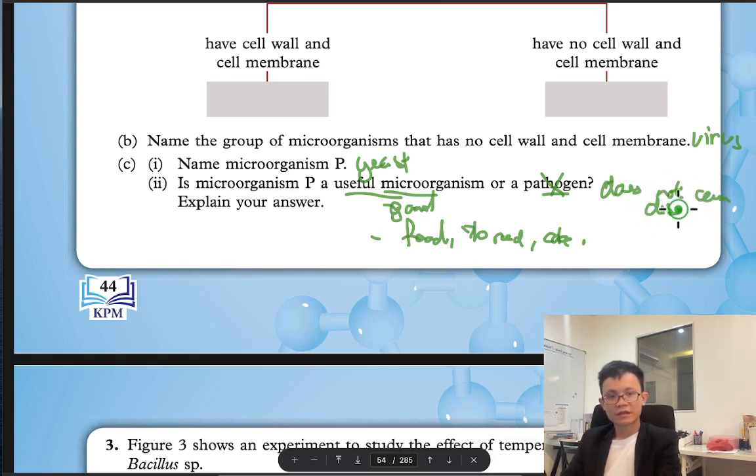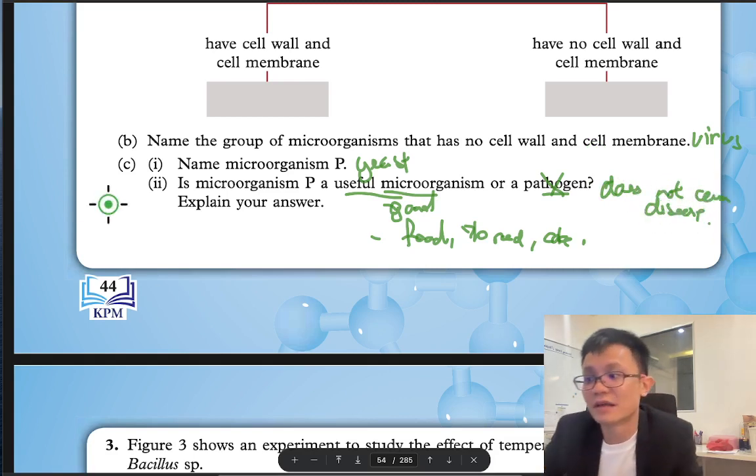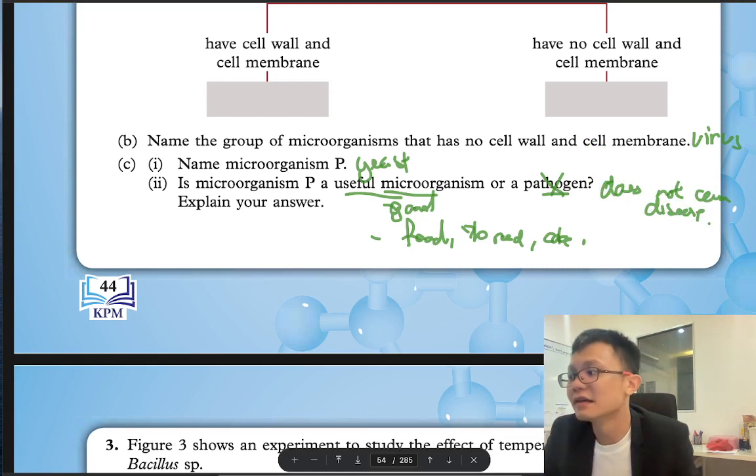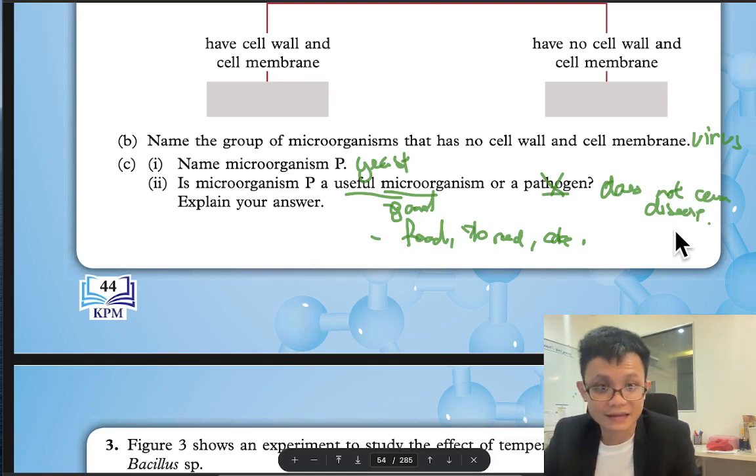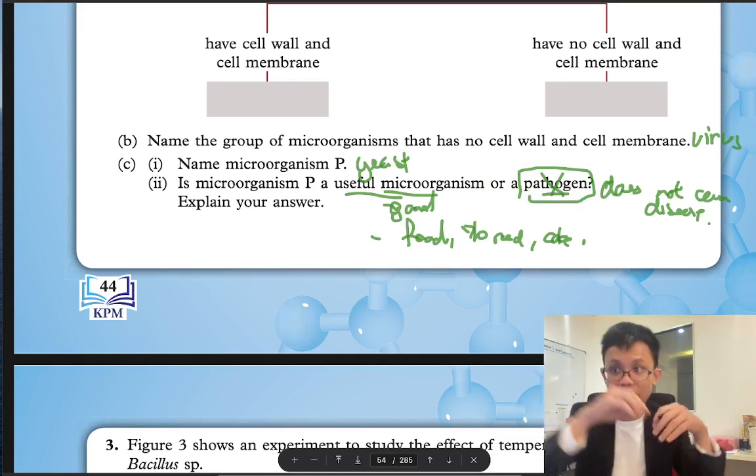But actually, yeast can be good and yeast can be bad as well, because some yeast can cause infections like thrush, vaginitis, and others. So yes, actually yeast can cause infection and disease, but it is not a pathogen, because pathogen means it will live in your body.